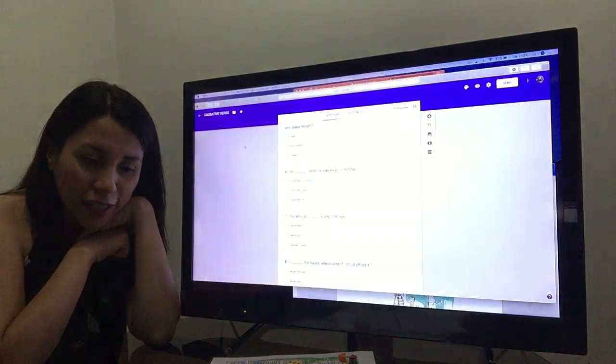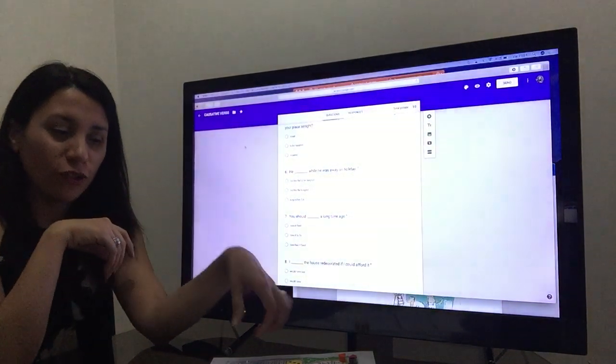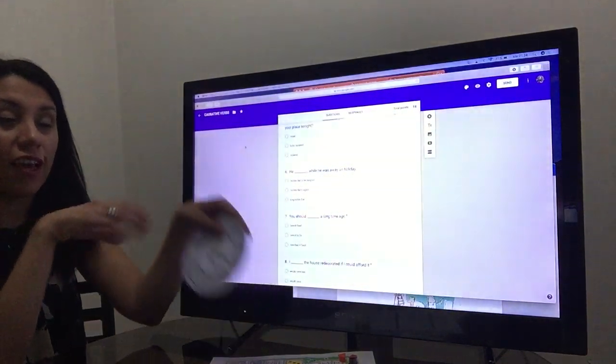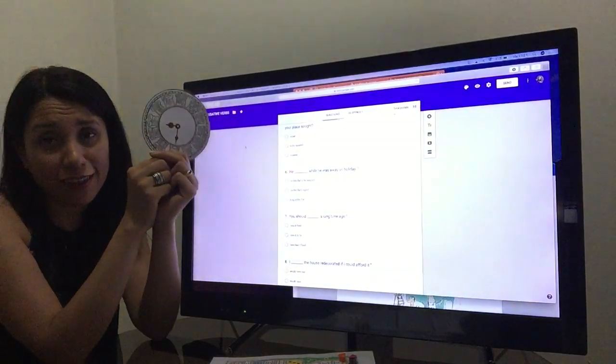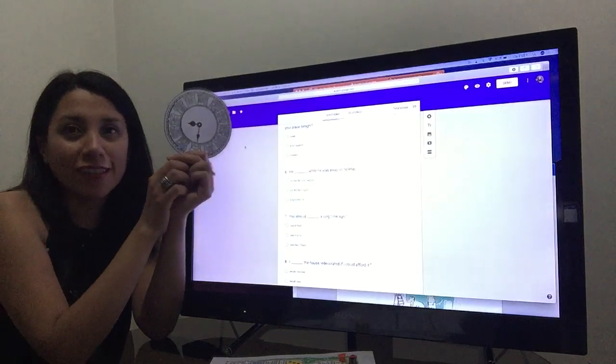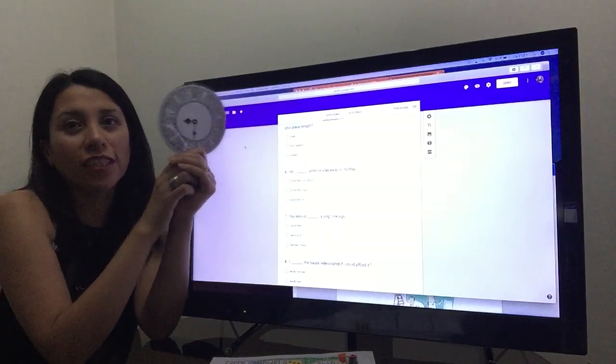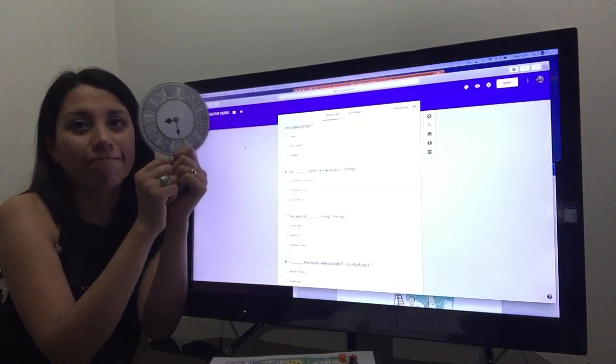I would like them to use the ideas they shared in this exercise, the clock exercise, to create a dialogue that they will have to present the following session.